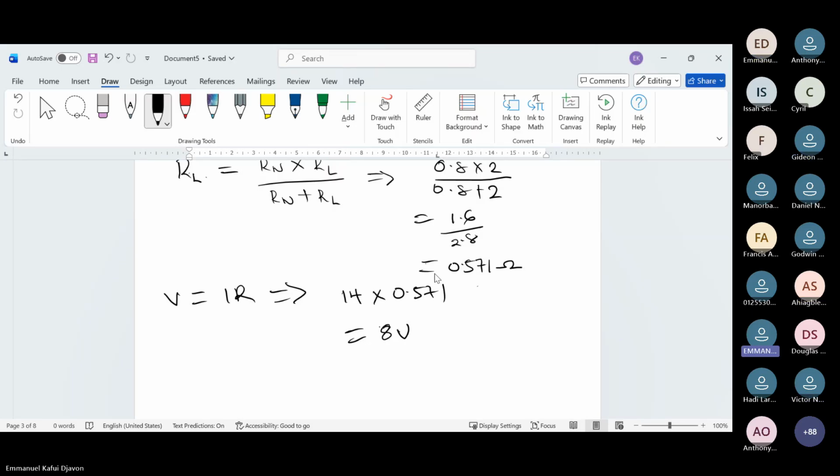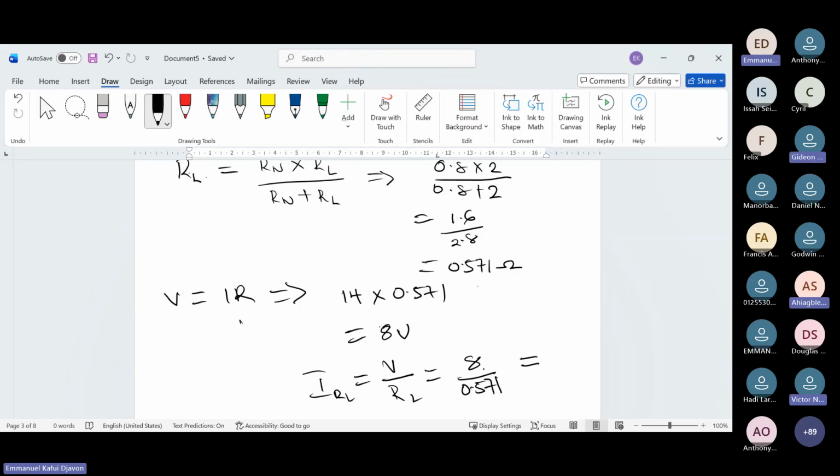Okay, sir. So for us to get the current in the load resistor, that will be the voltage over RL, which is equal to 8 all over 2. RL is 2, sir.